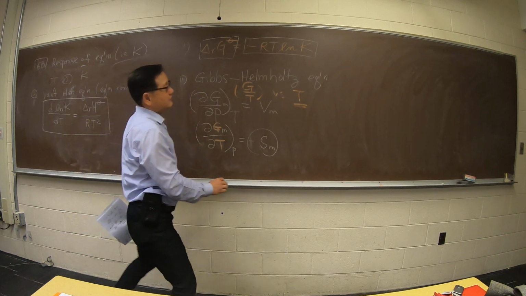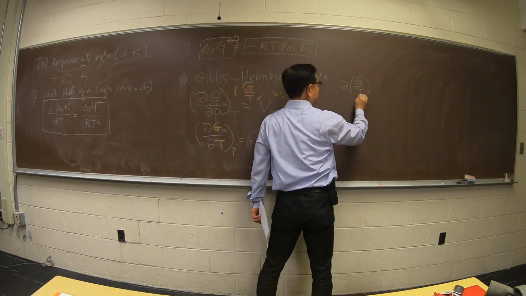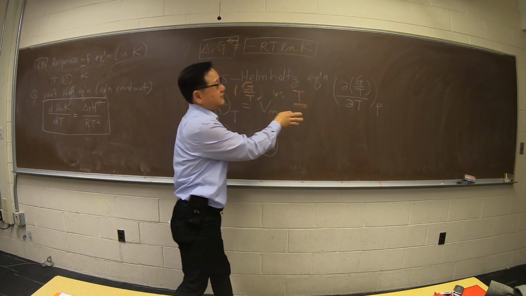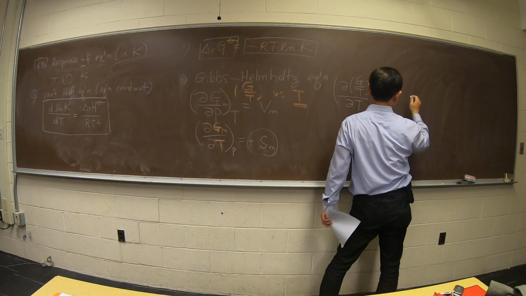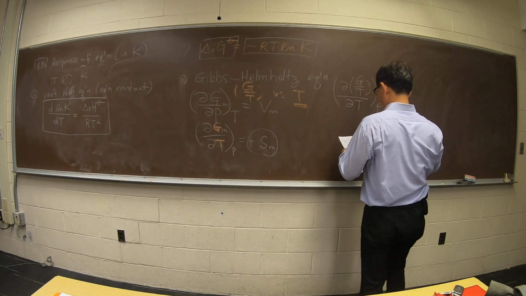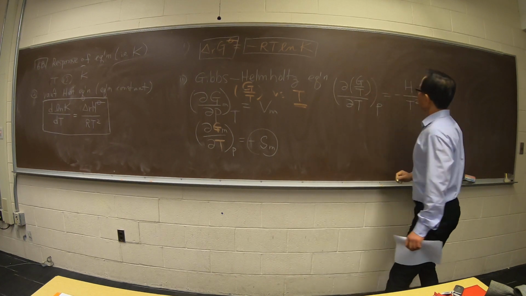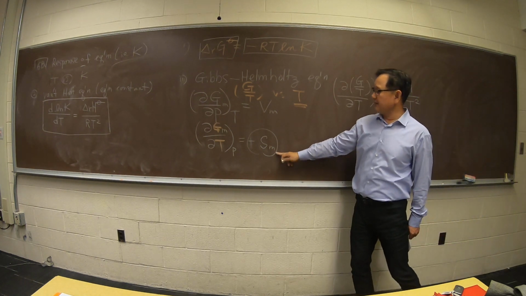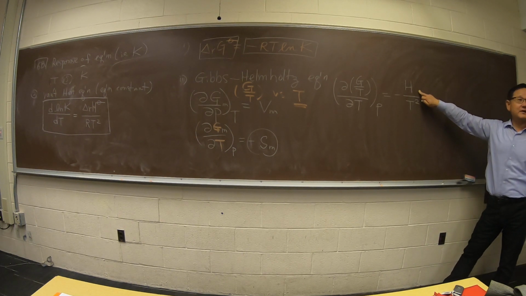In this Gibbs-Helmholtz equation, if you're looking at your notes, d(G over T) over dT at constant P looks mathematically complicated, but the answer is actually minus H over T squared. So instead of dealing with entropy, now G over T is something that I deal with through enthalpy. And enthalpy is something that I can easily measure.